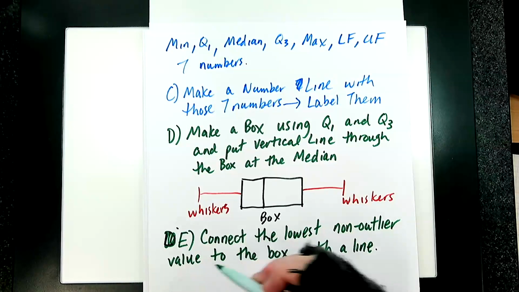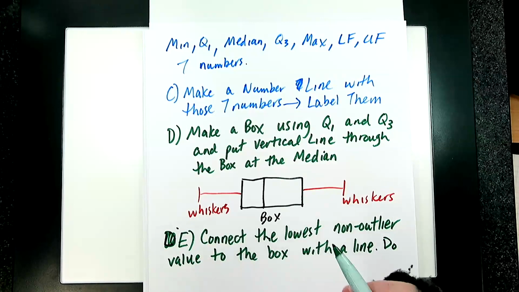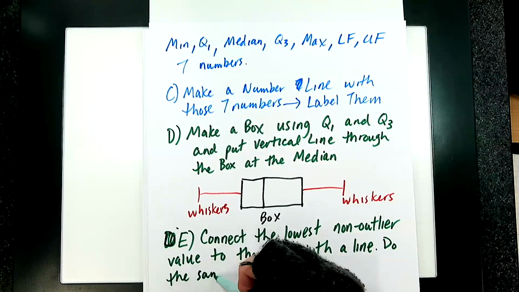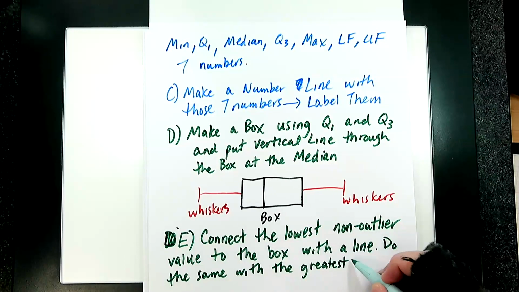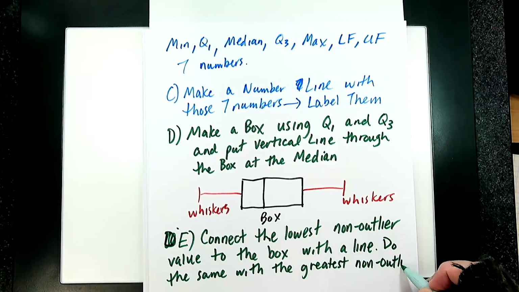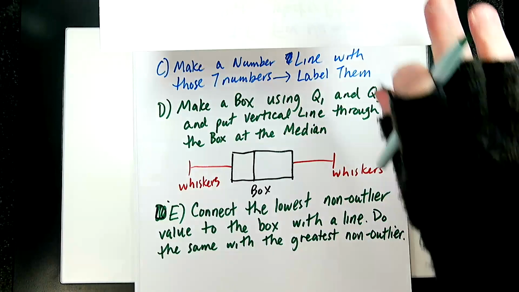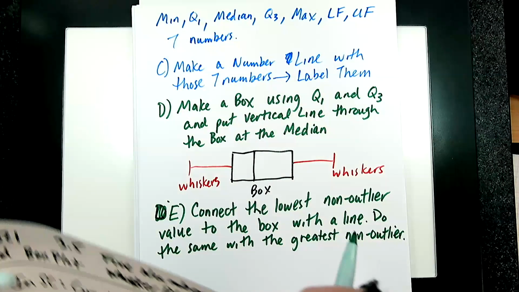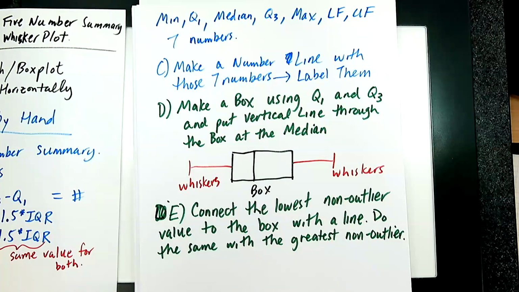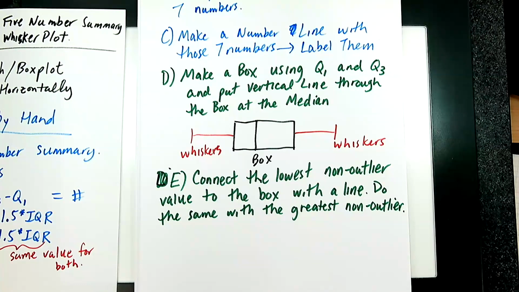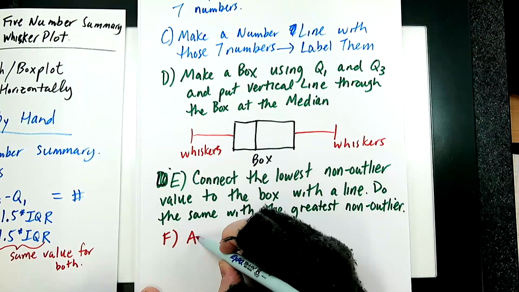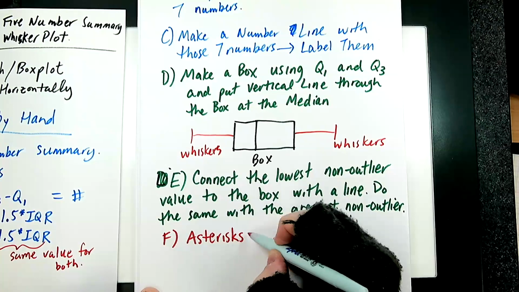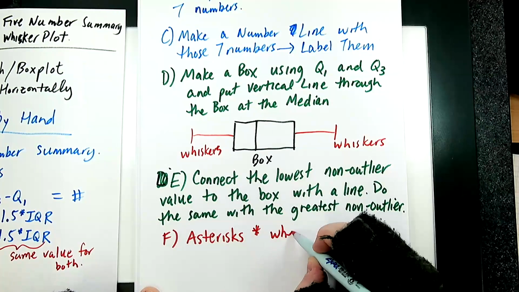And then do the same with the greatest non-outlier. And finally, we will put asterisks where any outlier is.